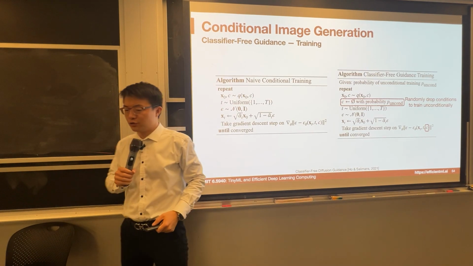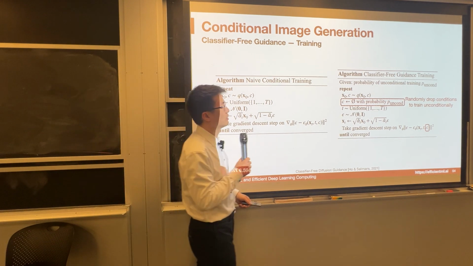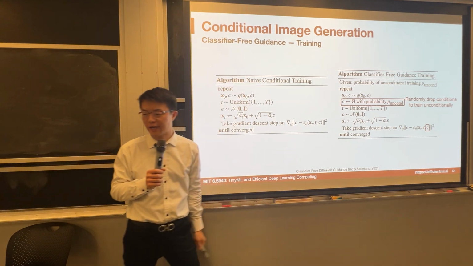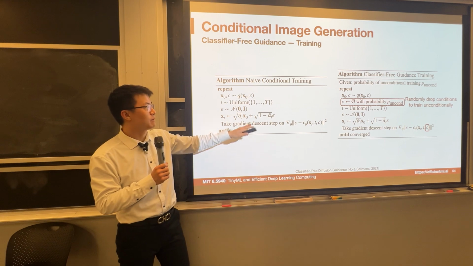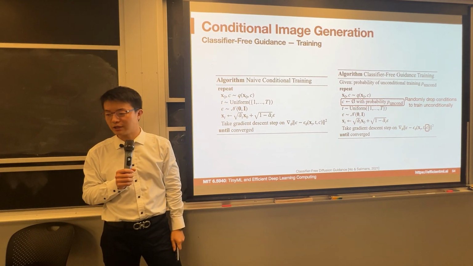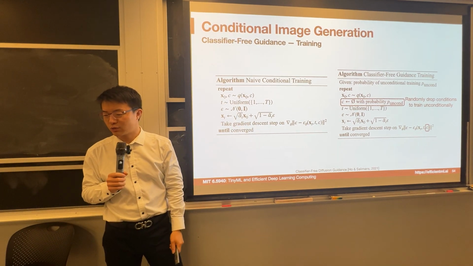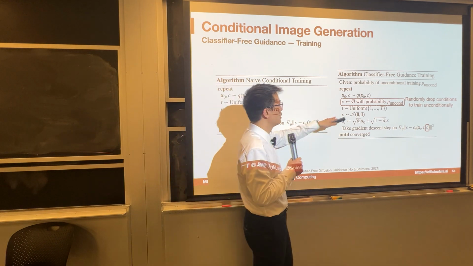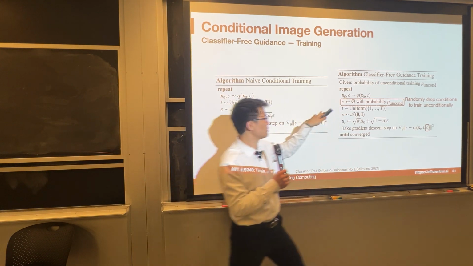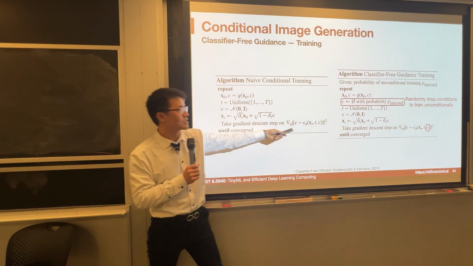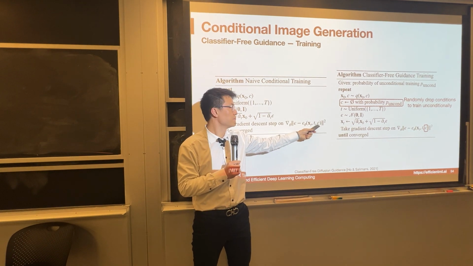And then if we continue to derive the equation for the classifier-free guidance, we can compare that with the original conditional training. It's actually quite simple. During training time, we just sample the condition. Previously we always have this condition.